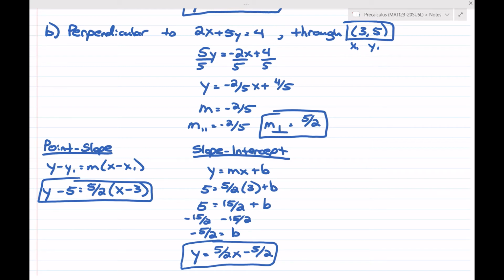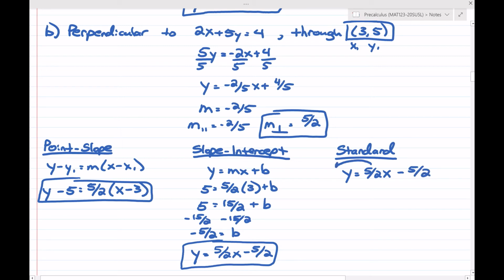Okay, and then to finish this up, let's do our standard form. Standard form, we're just going to take our slope-intercept form and rearrange it and make sure we get rid of the fractions. So y is equal to 5/2 x minus 5/2. Let's bring the x on the other side.